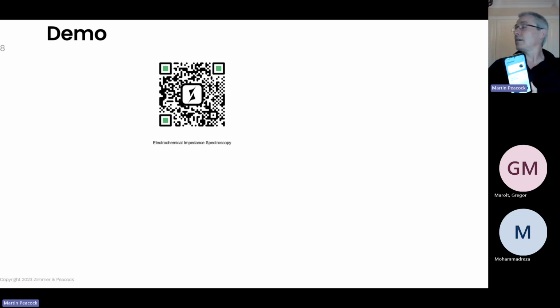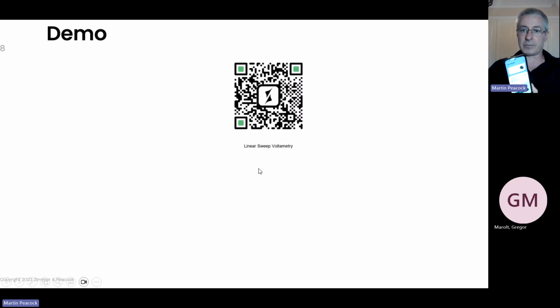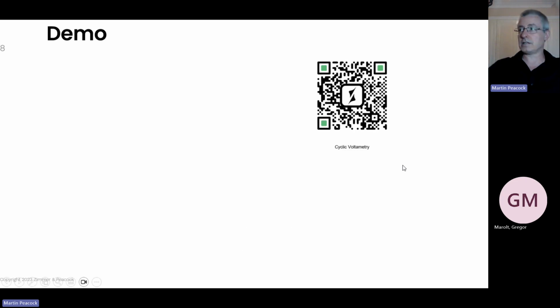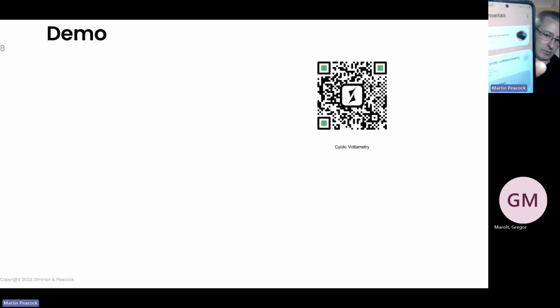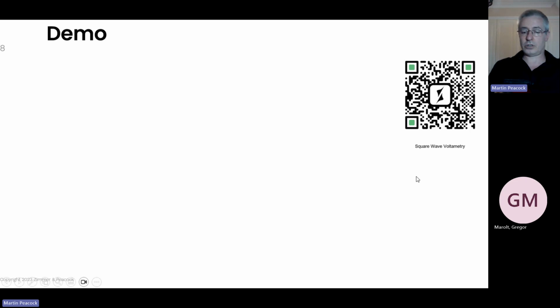In fact, I've got some potentiostats in the office here, but what you'll notice is there's no trailing cables, etc. I'll just scan this QR code here, and now I'm able to do linear sweep voltammetry. If I scan this QR code here, I'm able to do cyclic voltammetry. So now I'm in my cyclic voltammetry mode. And if I scan this QR code here, I'm in my square wave voltammetry mode.